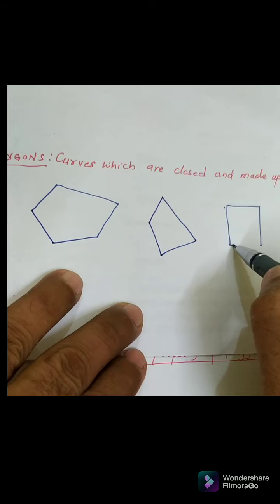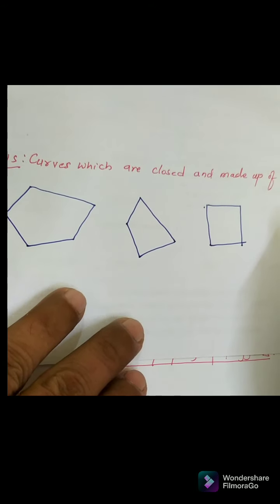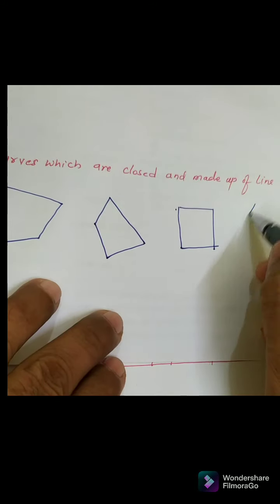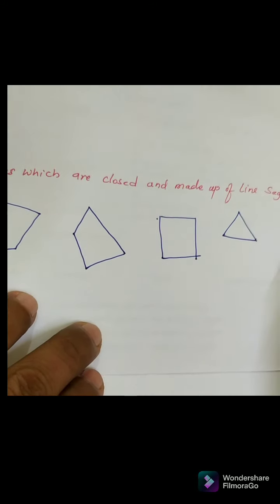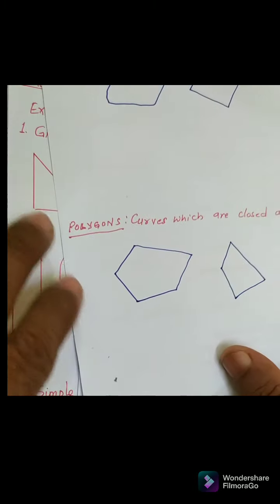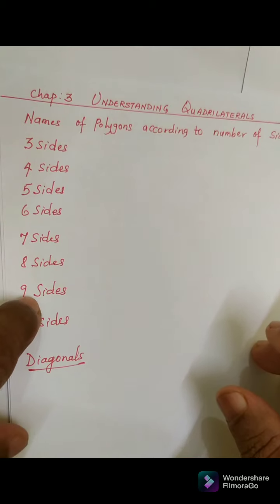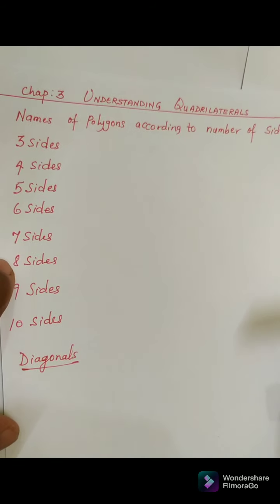So any figure that is drawn using the ruler is a polygon, like this triangular one. So this is a polygon.